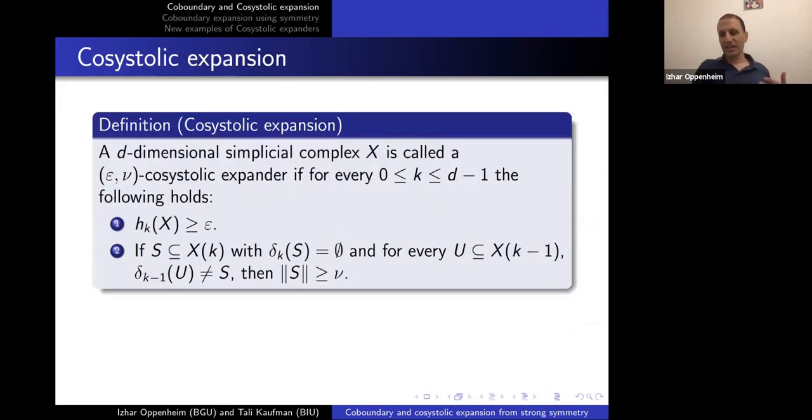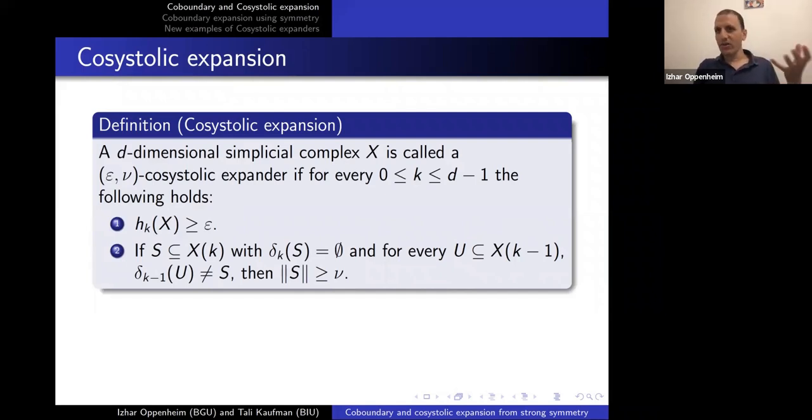So this is like the demand in graphs that I have only one connected component. And cosystolic expansion is a relaxation of this, saying again that I have a bound on the Cheeger constant. And here, the second condition is that if I have a set whose cut set is the empty set, and it doesn't come from below, then it should be large. So you can think about it in the one-dimensional case.